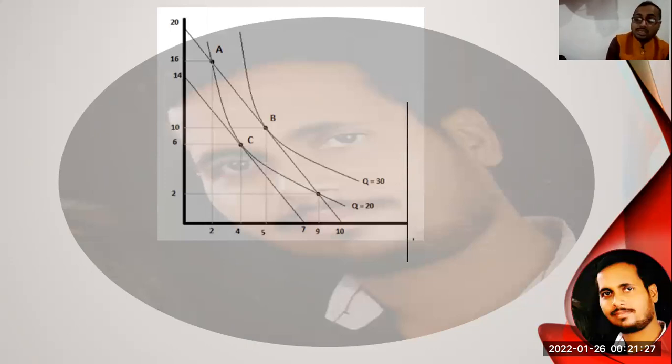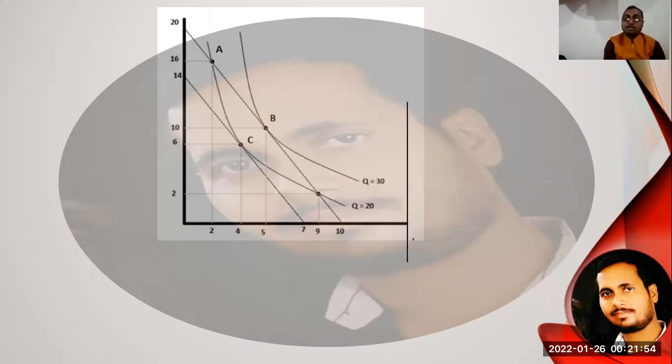Here the lower IsoQuant curve is not touched, but it intersects the upper IsoCost line. But the upper curve, that is Q 30, is only touching the IsoCost line at point B. So the optimum production point is B.